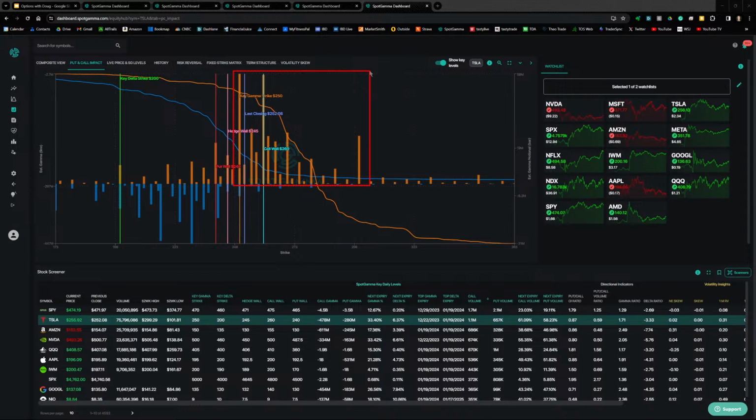There's hardly any put notional gamma above that 245 level. Calls are shown by the orange bars, and the blue bars show puts. That's also shown by this orange line above the blue line.